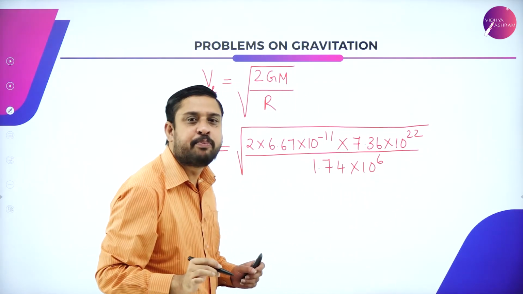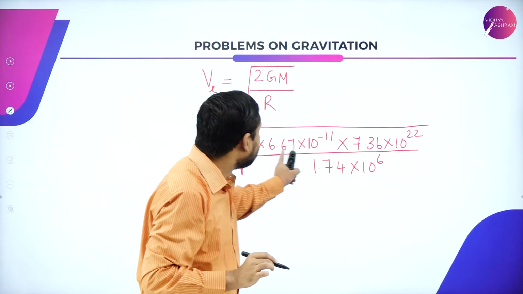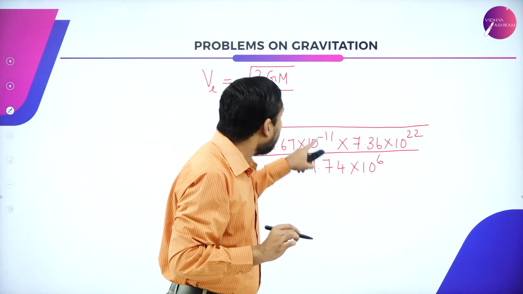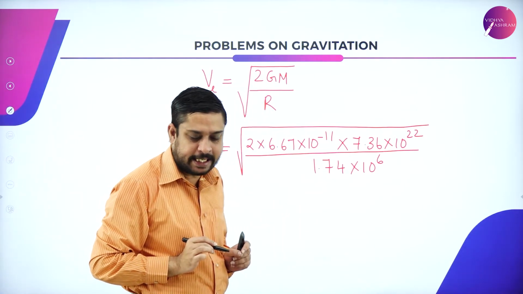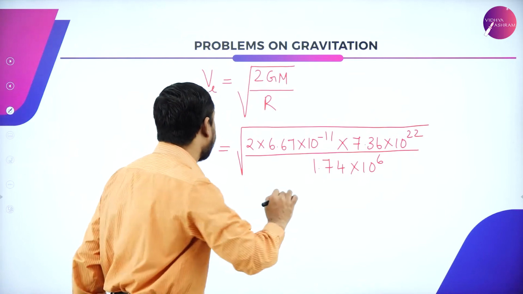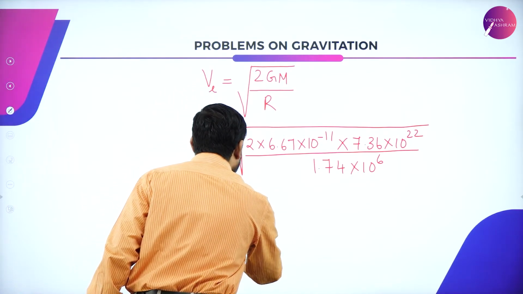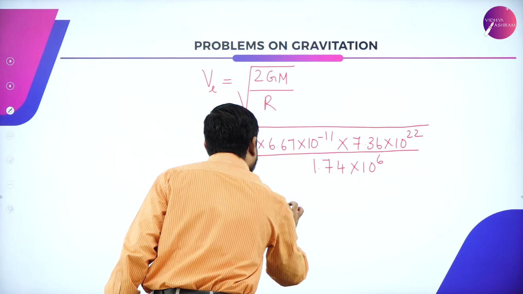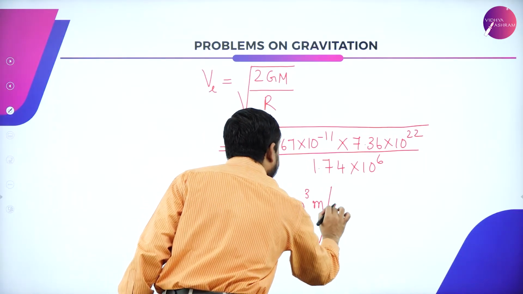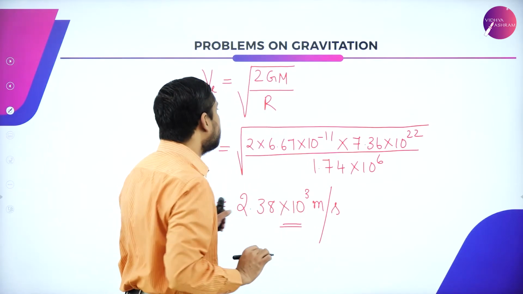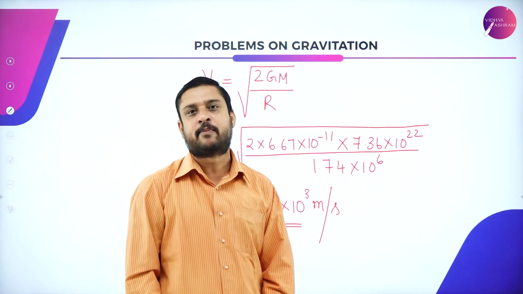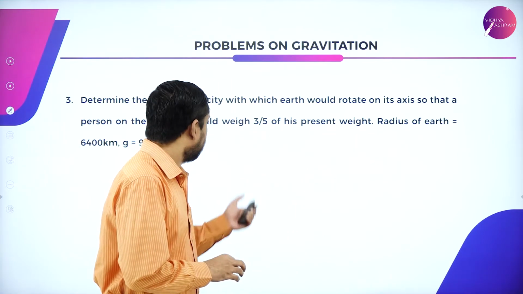So you know the simplification now. First, simplify the numerator, divide it with the denominator, and then take the square root, which is 2.38 into 10 power 3 meter per second. So this is the value of the escape velocity. Next one.